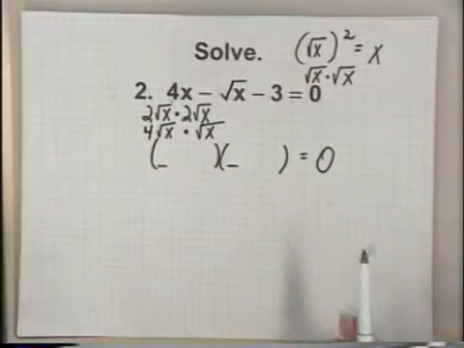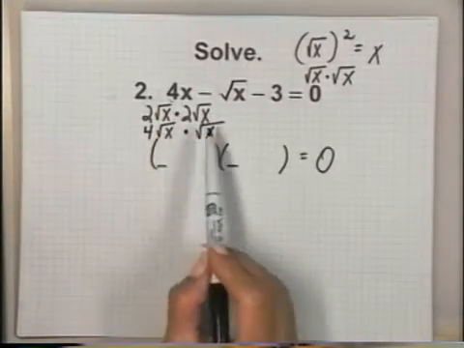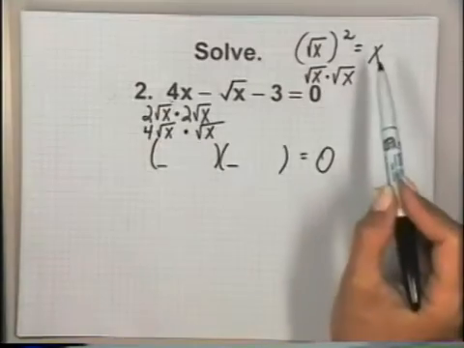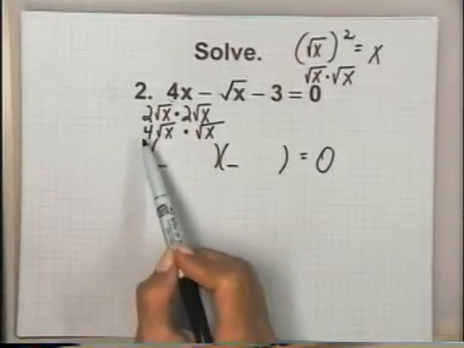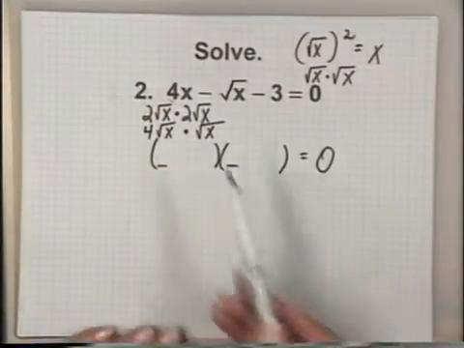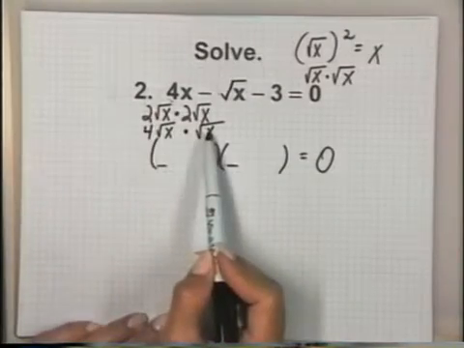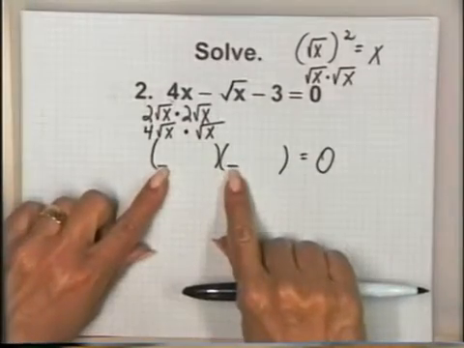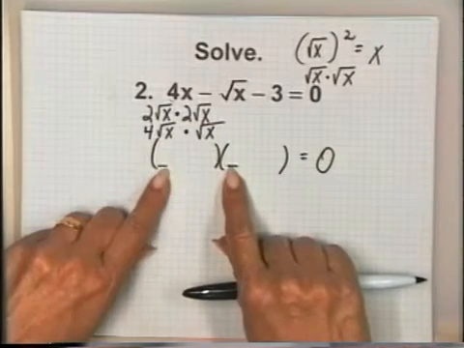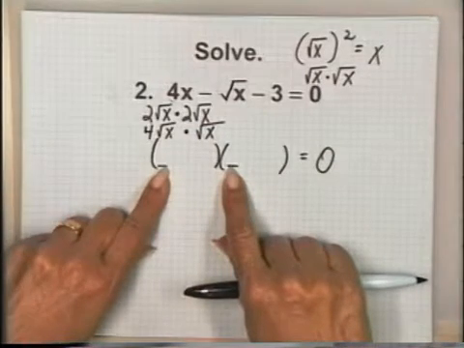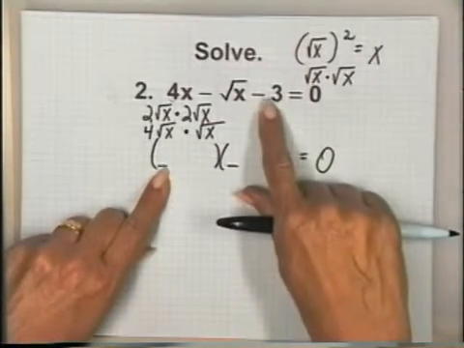Once again, the square root of x times the square root of x gives us the x, and then times the 4 would give us the 4x. So one of these factorizations will be used for our first terms in our factors.